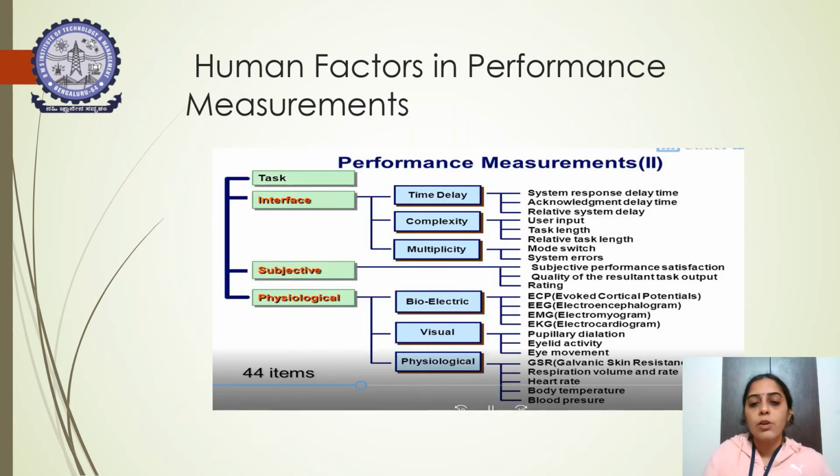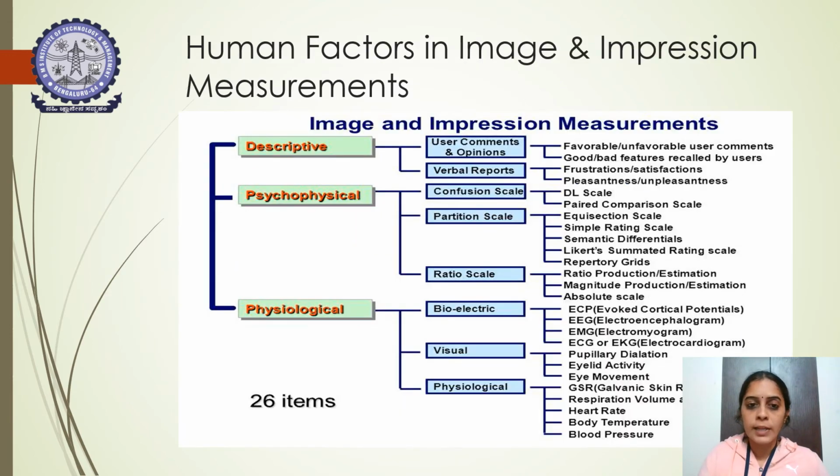And human factors also affect performance measurements. It could be any performance, like the delay in time, the complexity in the part manufactured, the multiplicity of a product, or visualizing or psychological effects related to the parts. Any items related to performance measurements could be handled in a better way by human factors. Similarly, human factors are also helpful in image and impression measurements.